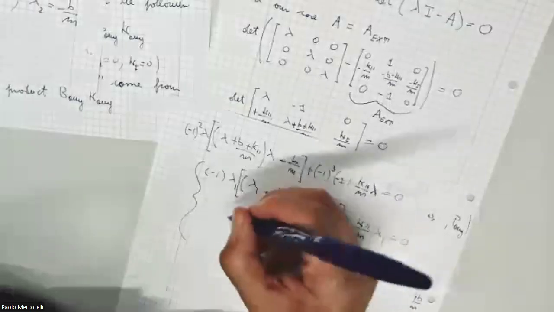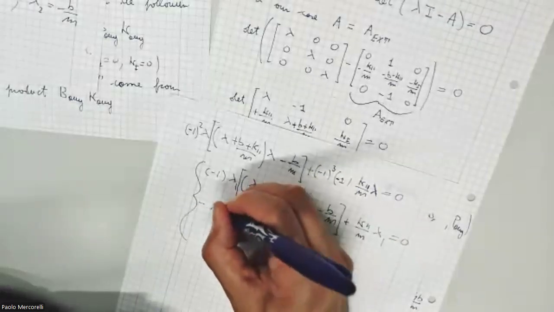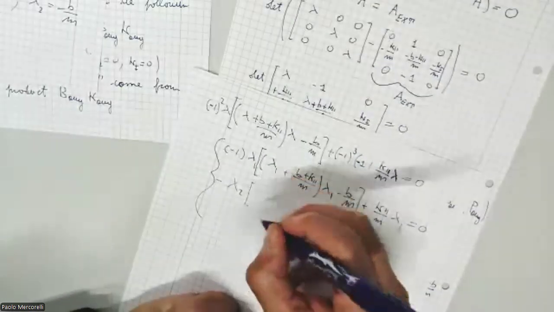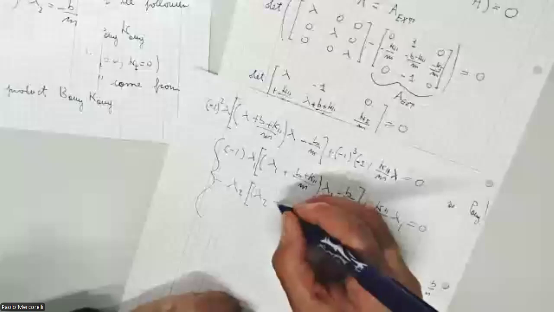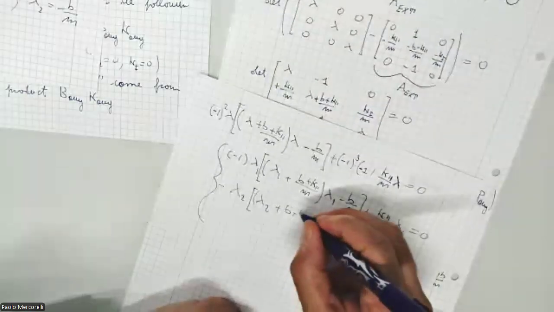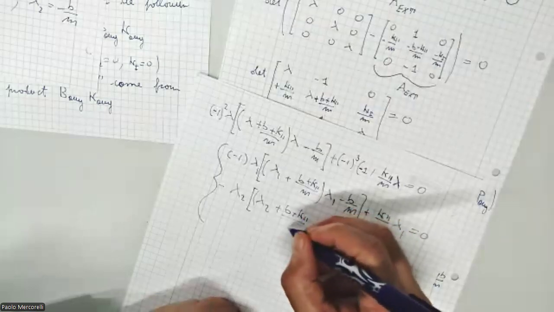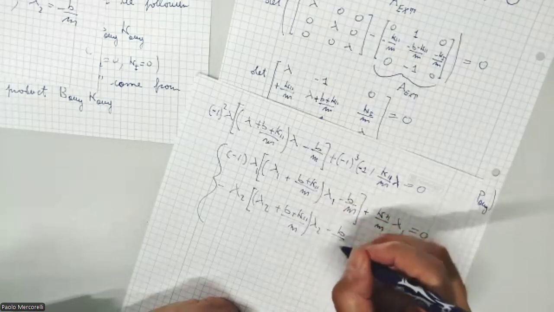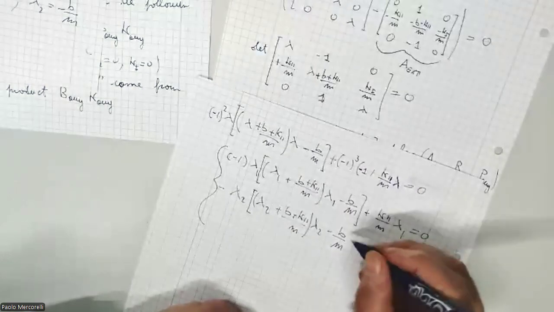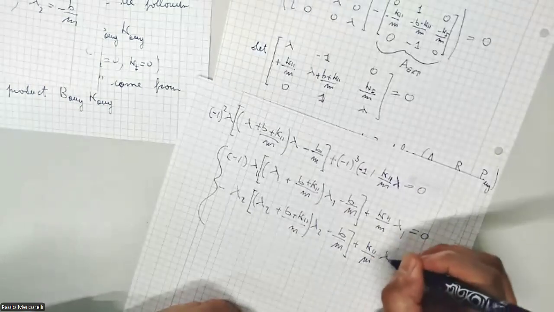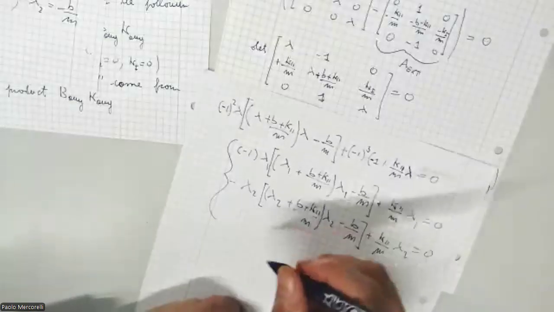And then everything the same, but with lambda 2 is given. Lambda 2 is calculated. I explain also how I calculate it. And then lambda 3.